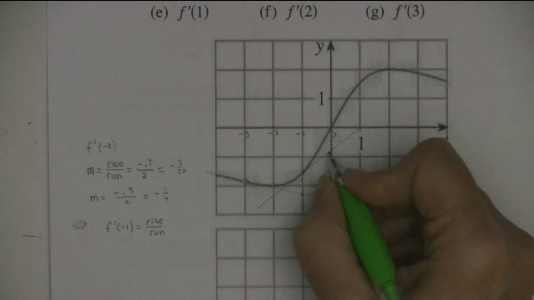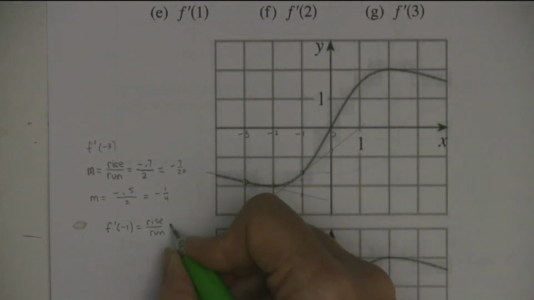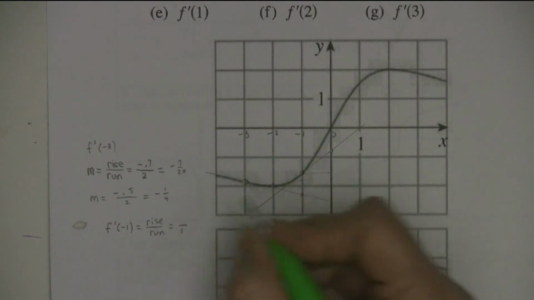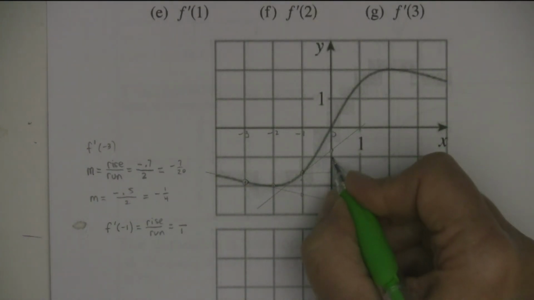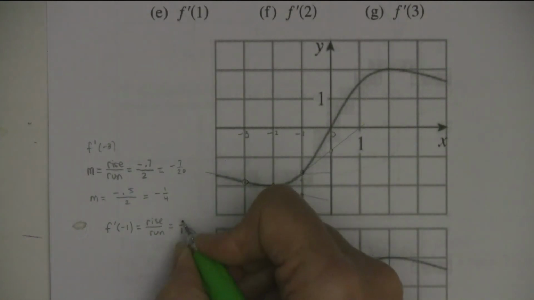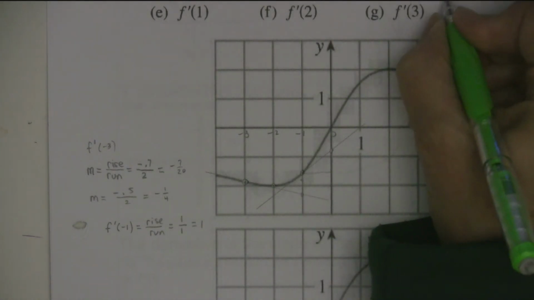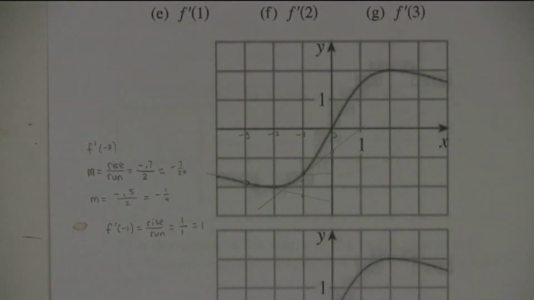I was taught to count the run first, so the run is 1. And the rise looks to me like it's also 1. Looks really close anyway, so maybe 1 on this. If you said that was 0.7 or 0.8, then that's what you would have for your answer.